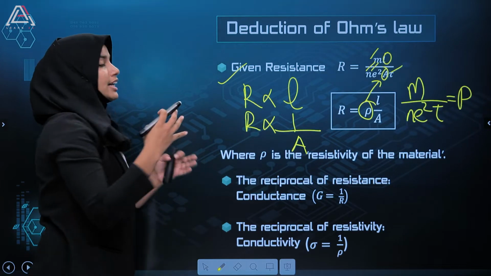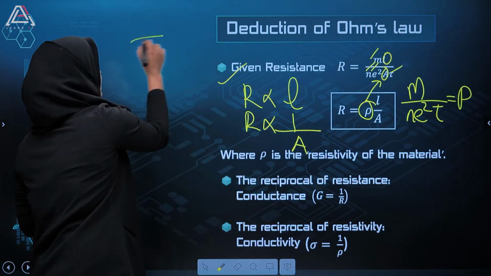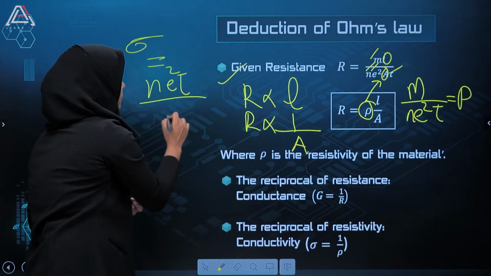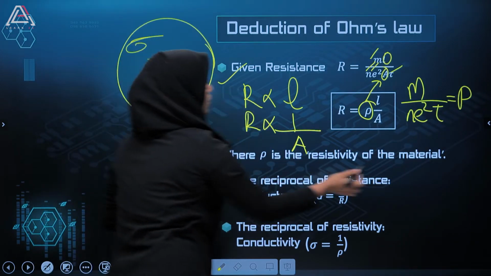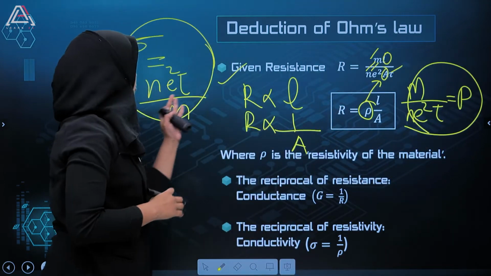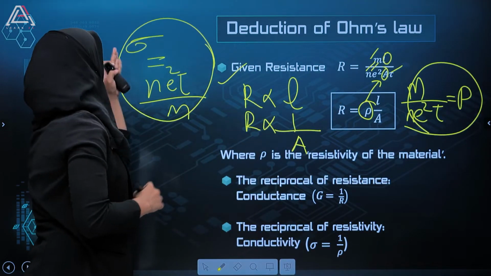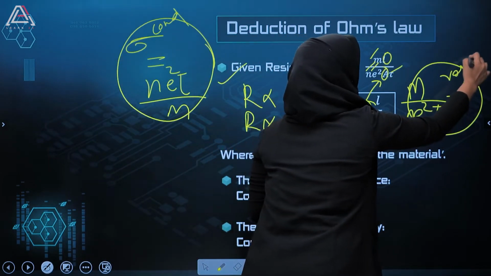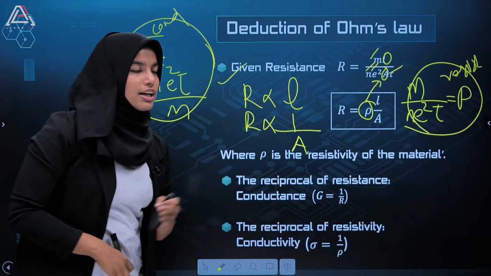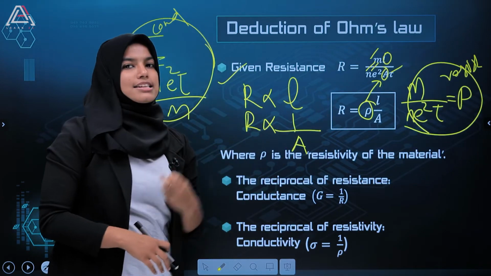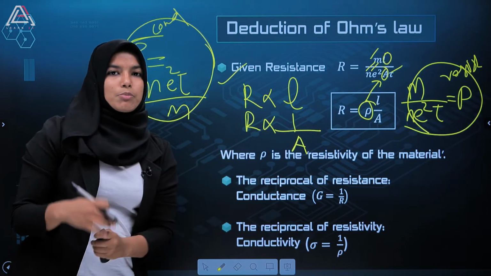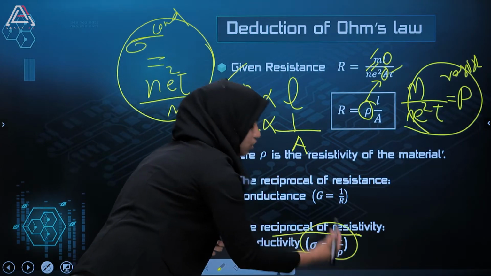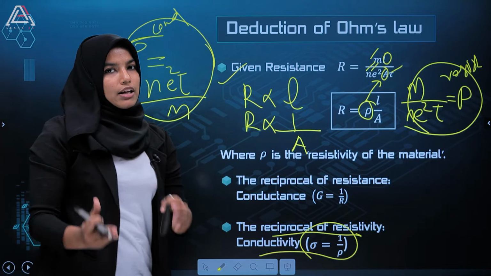We have learned in current density that sigma is equal to ne squared τ divided by m. So look at these two equations. This is the conductivity and this is the resistivity. From these two equations you identified that conductivity and resistivity are inversely proportional. So the reciprocal of resistivity is the conductivity, or sigma is equal to 1 by rho.